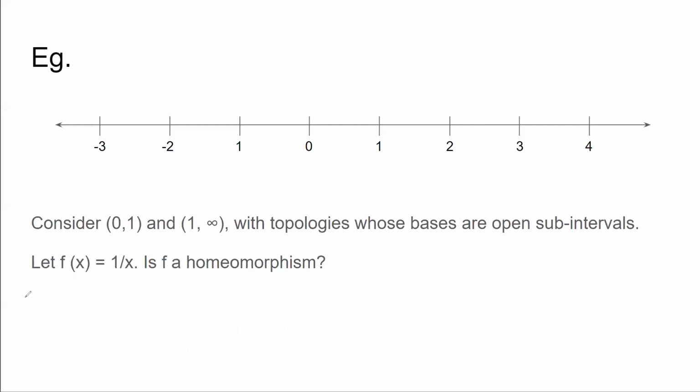So the next thing is, is f continuous? Right, what does this mean? I need to check that open sets get mapped to open sets, or rather, I need to check that the preimages of an open set are open sets. So let's suppose I have an open set in (1, infinity).